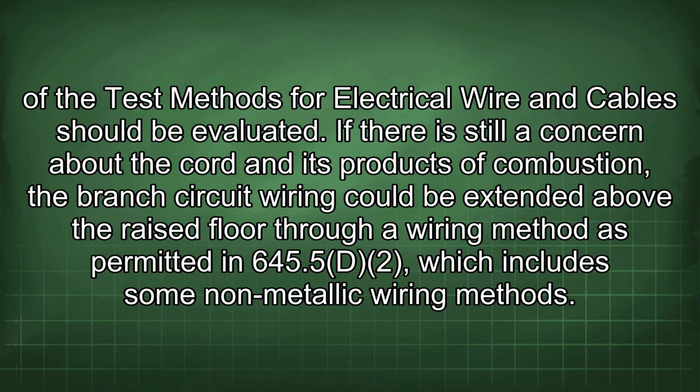If there is still a concern about the cord and its products of combustion, the branch circuit wiring could be extended above the raised floor through a wiring method as permitted in 645.5(d)(2), which includes some non-metallic wiring methods.